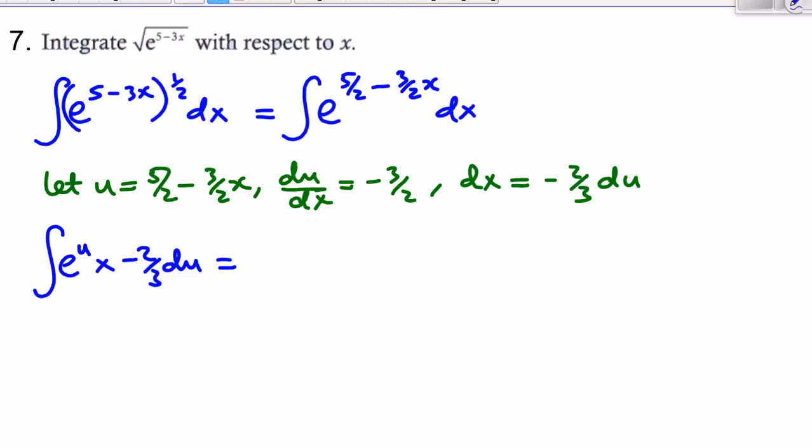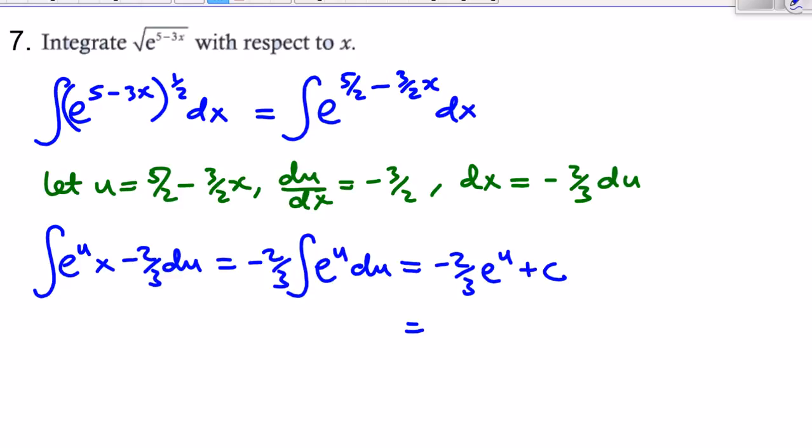Take that outside the integral sign, so negative 2 over 3 integral of e to power u. And the integral of e to power u is just e to power u, so negative 2 over 3 e to power u plus c. Replace u with what we substituted it with.